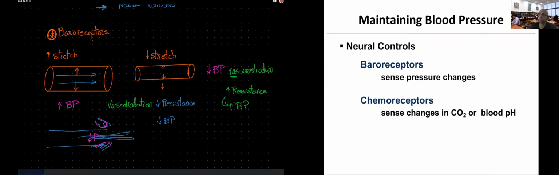So what you're trying to do here is maintain the blood pressure within the normal range. Don't want to have a drop in the blood pressure, don't want to have an increase in the blood pressure beyond normal range. What you're trying to do is to balance, to keep it in a normal range.